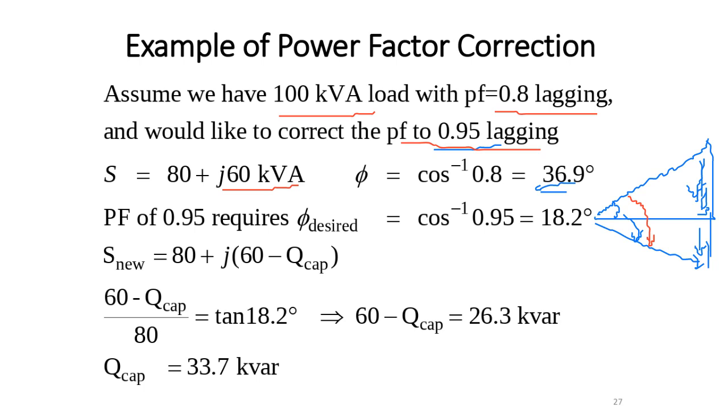We already discussed this with the sine angle, VI sine theta. So we want to find theta: the cosine inverse of 0.8 gives you the angle. Then the sine of this angle times S, S sine theta, will give you the reactive power.